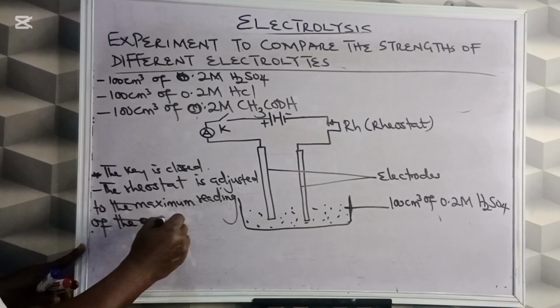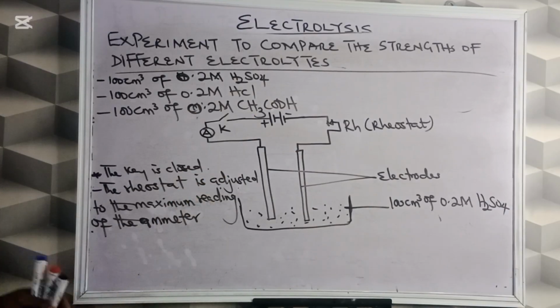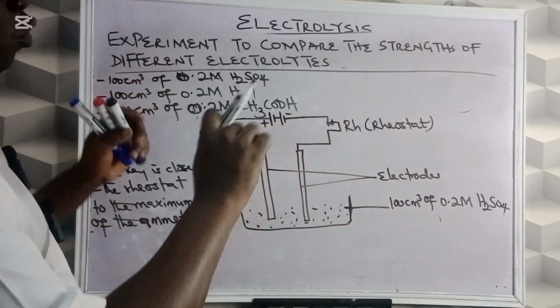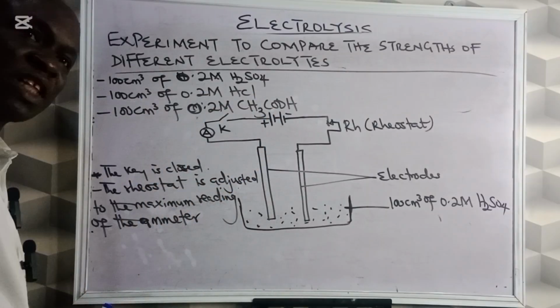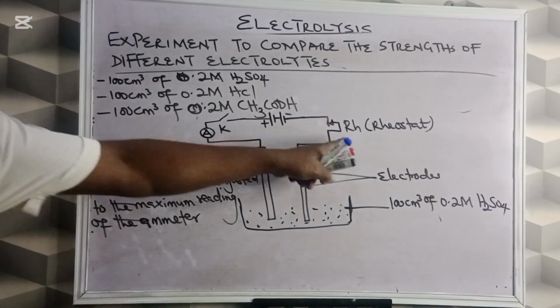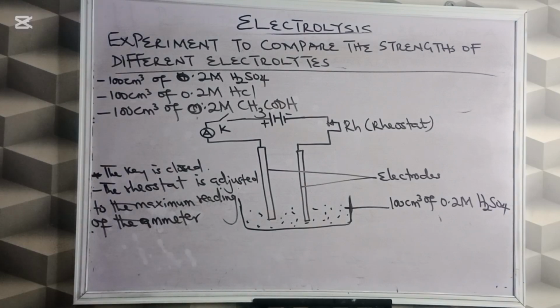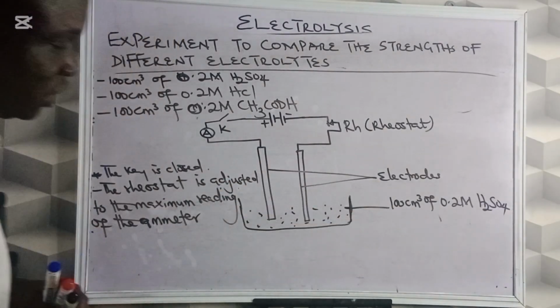So we are going to adjust it by lowering the resistance in the circuit so that the maximum current will flow in the circuit. Once it is adjusted, the maximum ammeter reading is recorded.